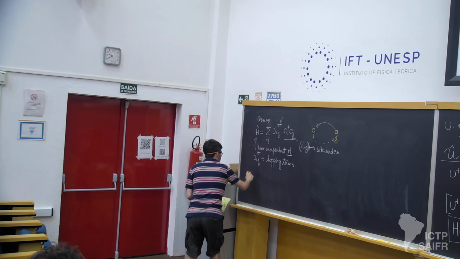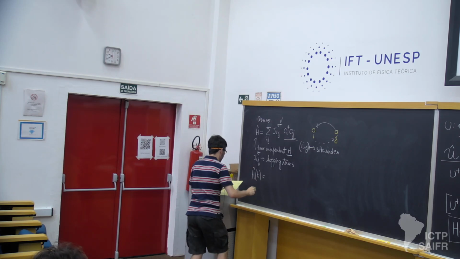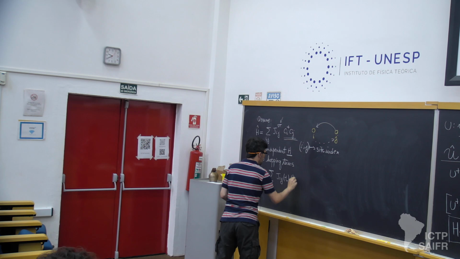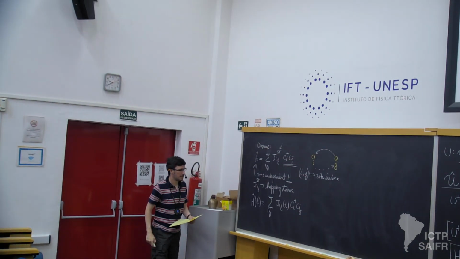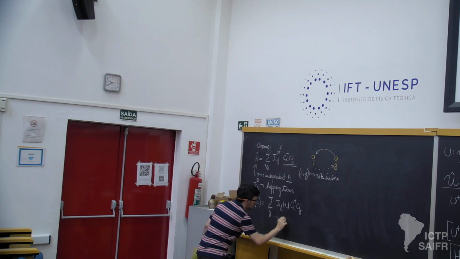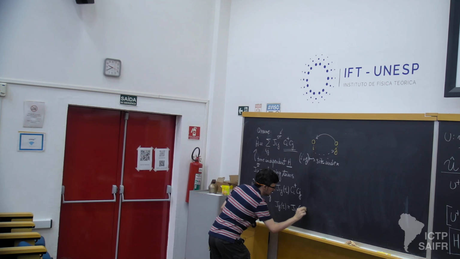We now have a Hamiltonian which is an explicit function of time, the sum over i and j of J_ij of t, c_i dagger c_j, where J_ij of t is equal to J_ij of t plus big T.